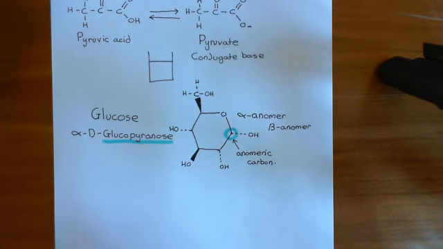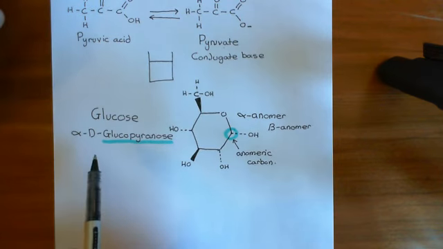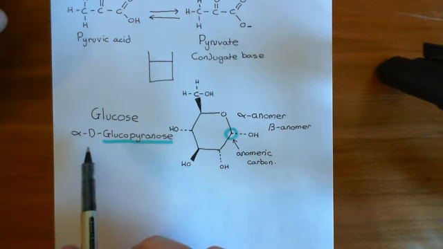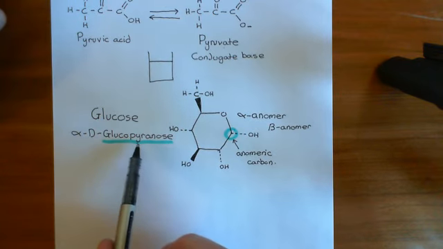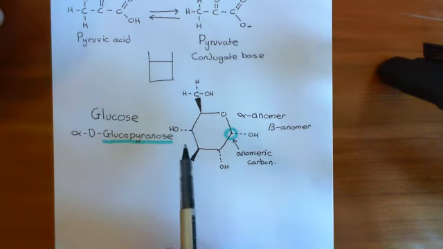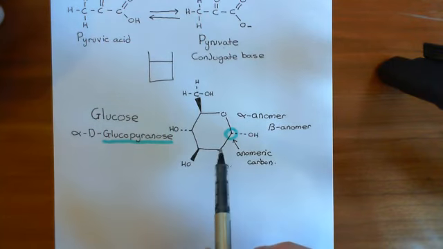And we find the alpha D and the beta D, but we don't find the alpha L and the beta L in nature. So the form of glucose that we are going to be concerned with for respiratory reactions, for glycolysis, is this alpha D-glucopyranose. As I say, glucose usually exists in the cyclic form in cells.